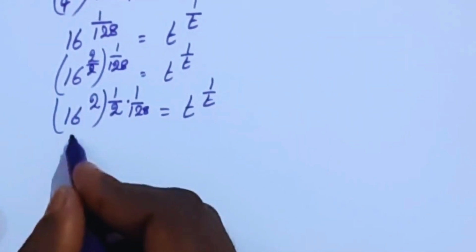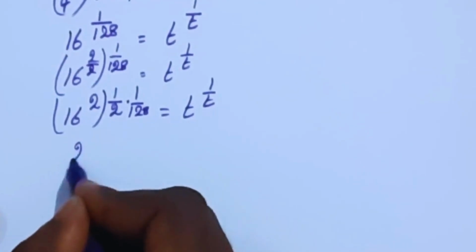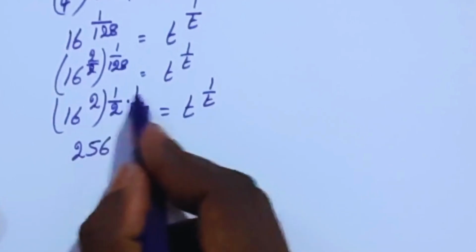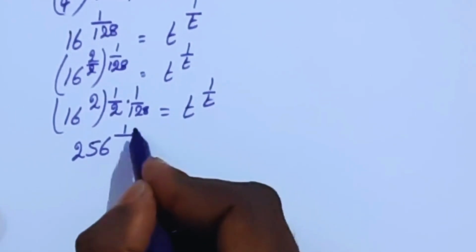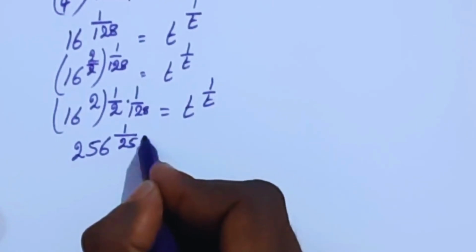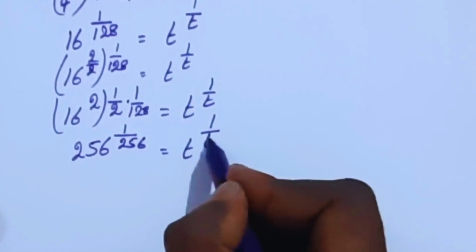Now this can be written as 16 power 2 is 256, power 1 times 1 is 1, this is 256, so 256 power 1 by 256 equals t power 1 by t.